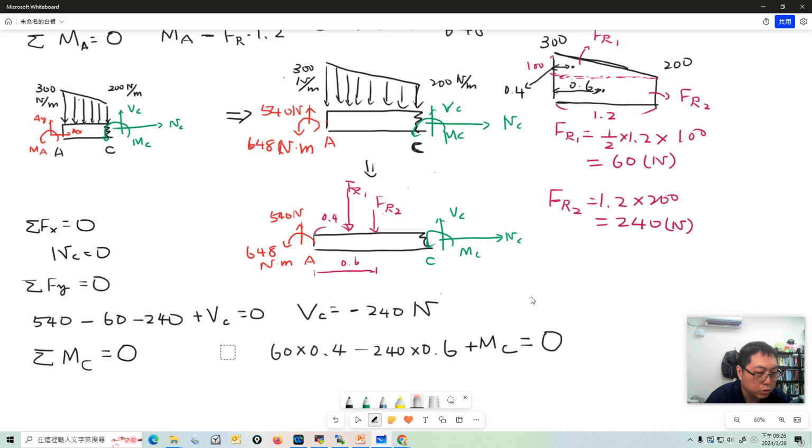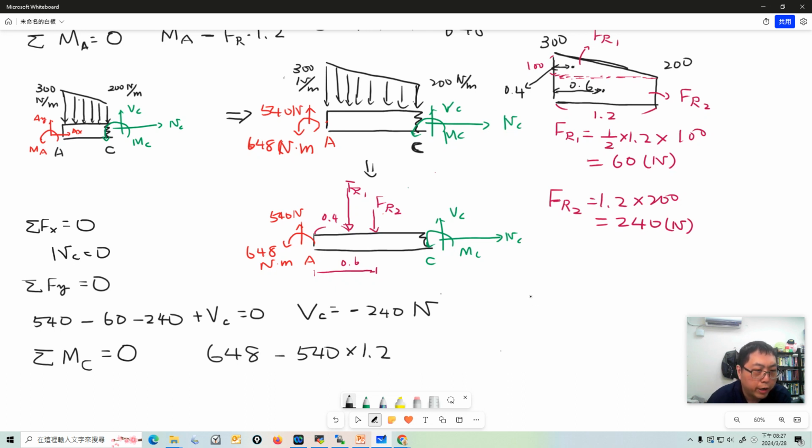If you choose C as the reference point, we still have 64A. And the 540 Newton force will create a moment, a clockwise one, so that's 1.2 minus.